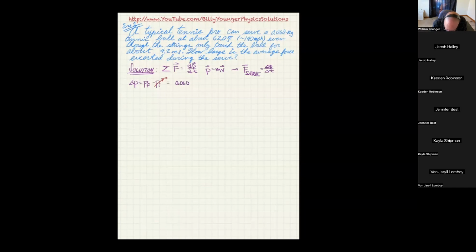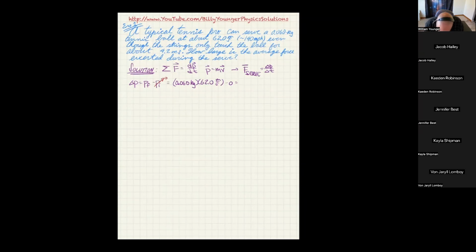0.060 kilograms is the mass, and 62.0 meters per second is the velocity. That minus 0 is going to give us 0.06 times 62.